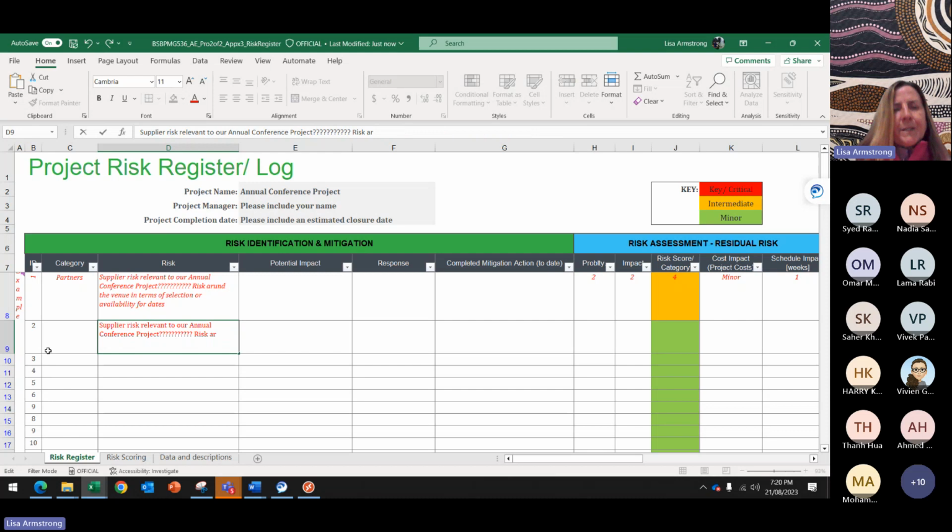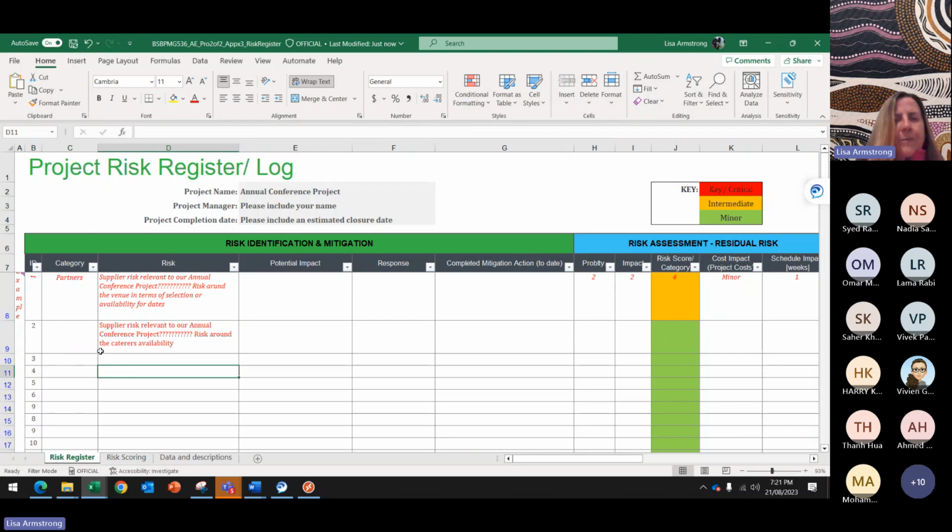You've identified a risk around the caterers. Availability as well. And then another supplier risk. Very good, Nadia.